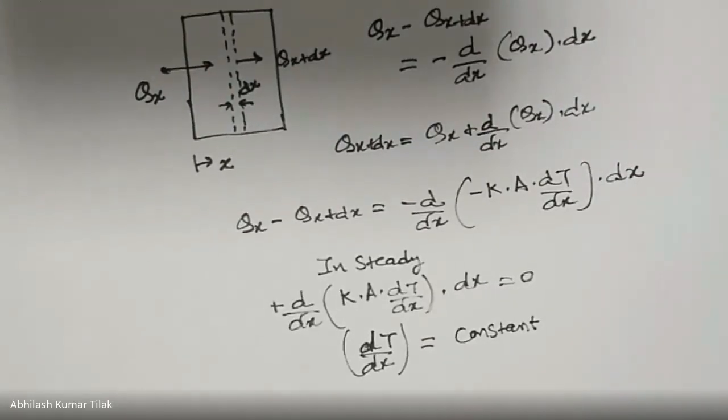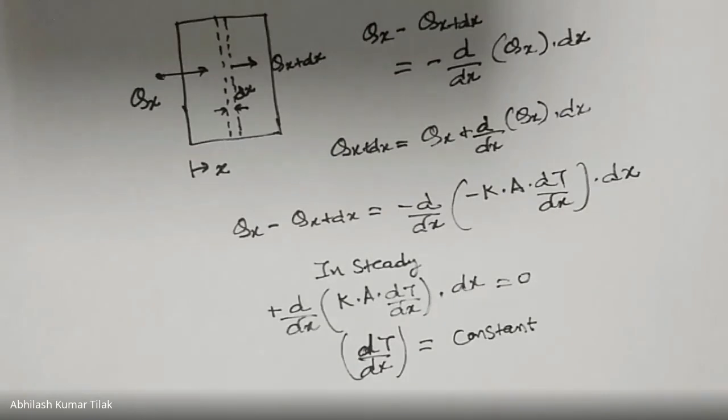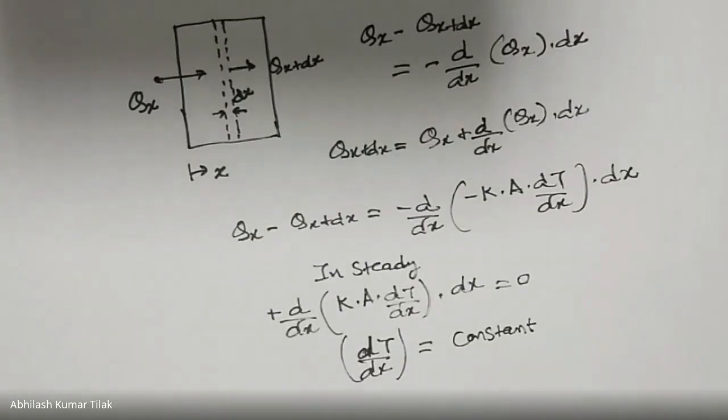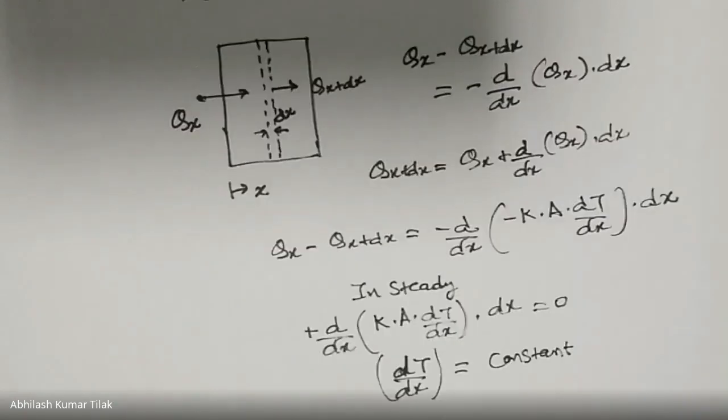When you are taking the readings and asking whether we have reached the steady state or not, you find that the temperature readings have a very minimal difference, maybe 0.2 degree centigrade or less. That indicates that your temperature gradient is constant and a steady state is achieved.